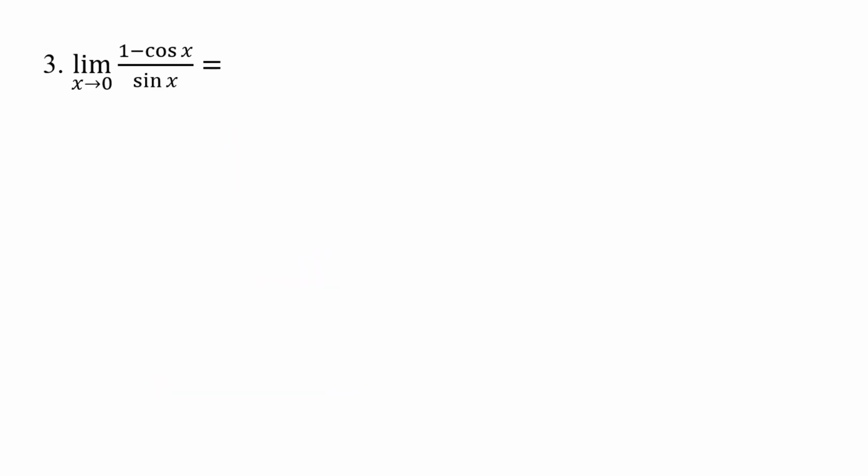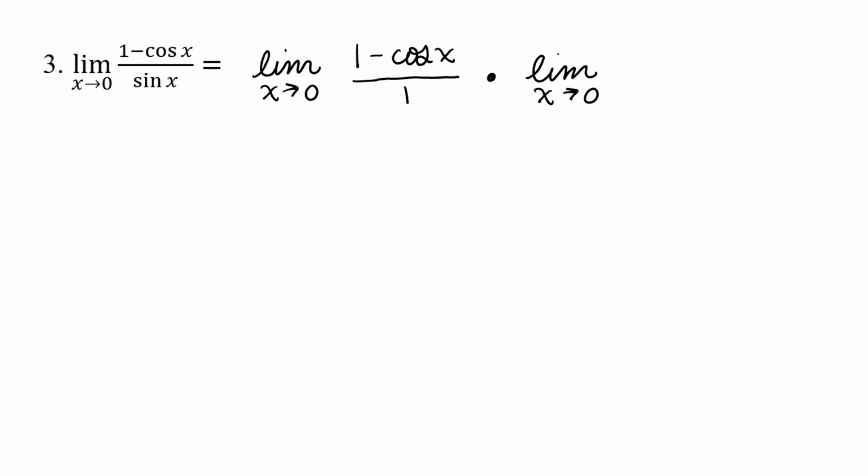We have the limit as x approaches 0 of 1 minus cosine x all over sine x. So let's start by splitting up our functions. So we have the limit as x approaches 0 of 1 minus cosine of x over 1 times the limit as x approaches 0 of 1 over sine of x.